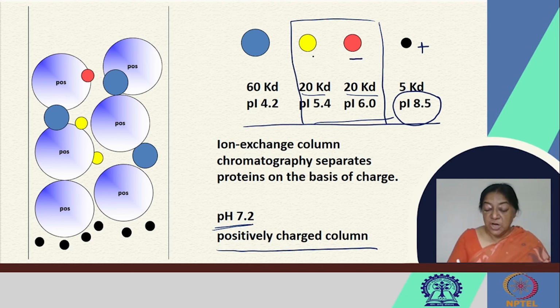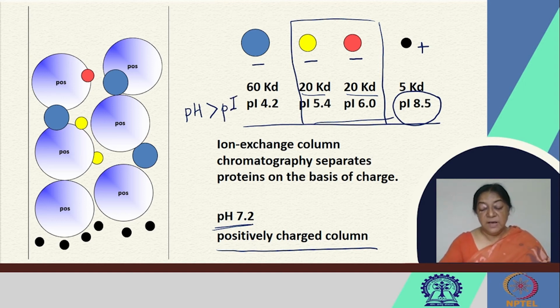This is negatively charged, this is negatively charged, and this is negatively charged because the pH is greater than the pI. Then we have isolation based on their attraction to the column. Anything that has a larger negative charge is going to be attracted to the column more strongly than the others. Based on that, we can bring about a separation based on the charge of the protein.